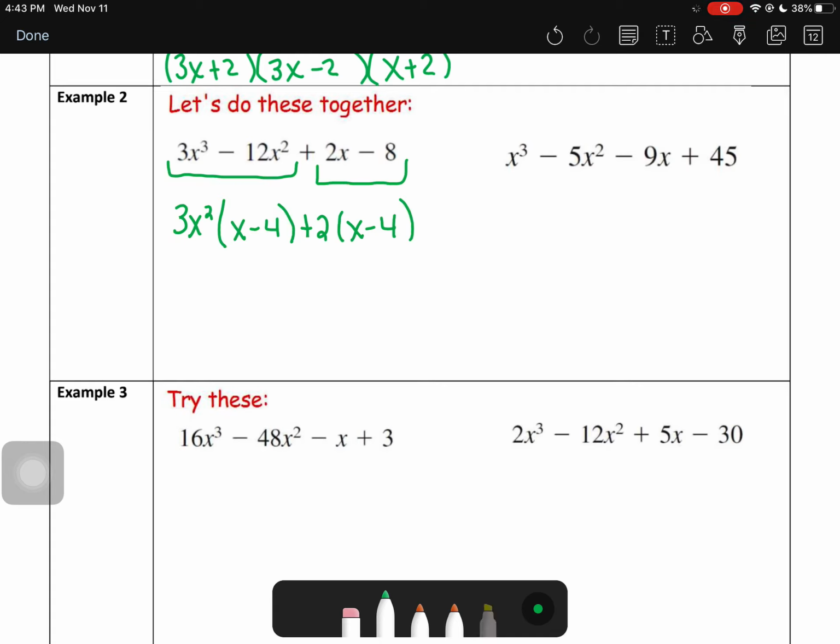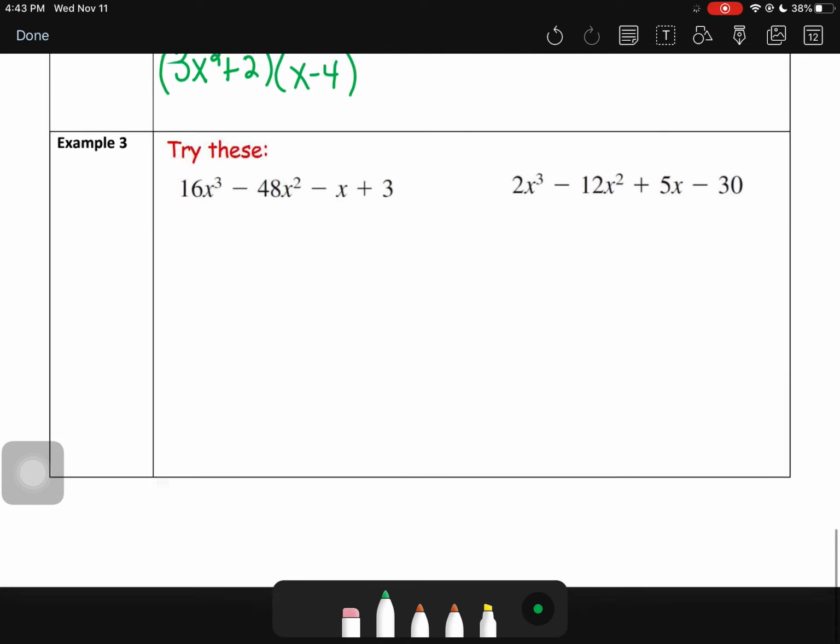Remember, this only works now if these two are exactly the same. So we will combine the 3x squared plus 2, and our second factor being x minus 4. We cannot continue factoring 3x squared plus 2 because it's only a binomial, but it is not the difference of squares.